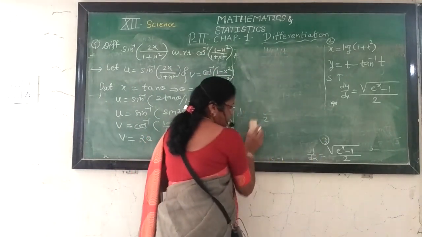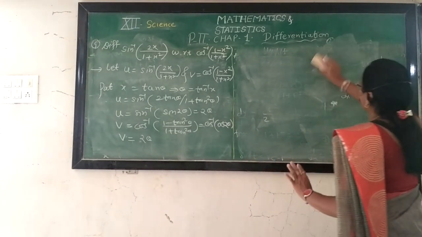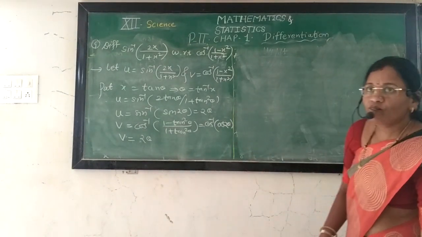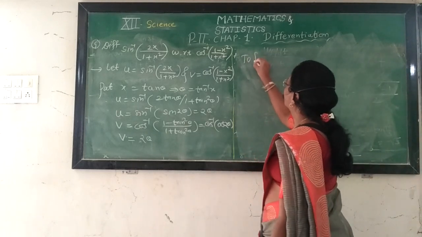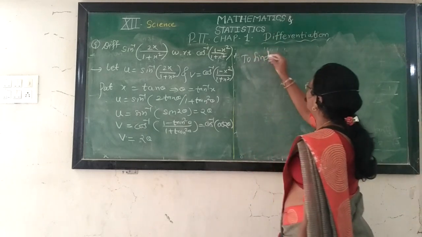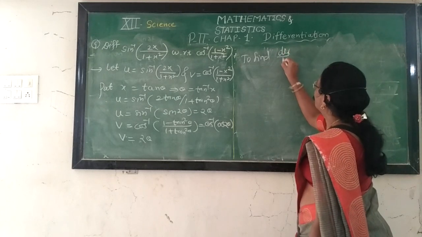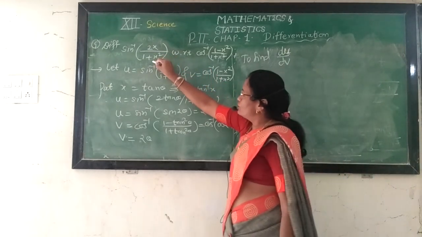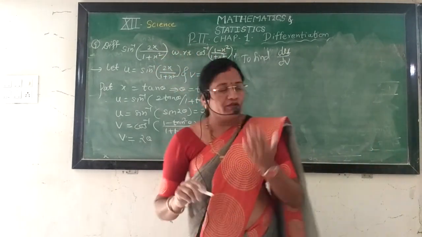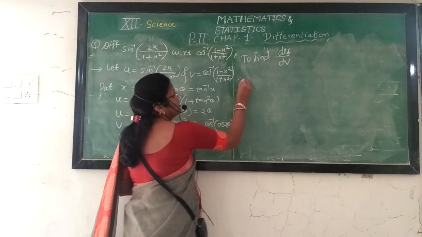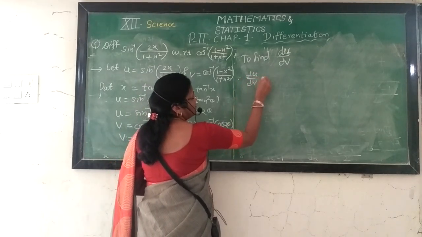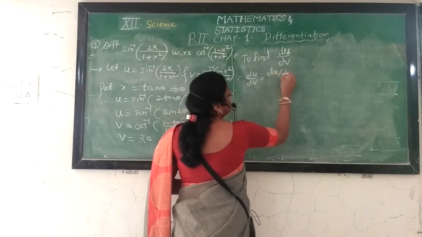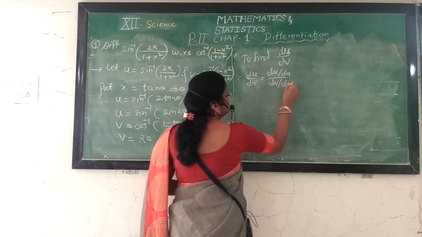Our question is to find differentiation of sine inverse of the given number with the cos inverse, which means to find du by dv. Differentiation of this with respect to this. Du by dv, but by definition of parametric function we can take as u and v are functions of x, so we may write this as du by dx, dv by dx.